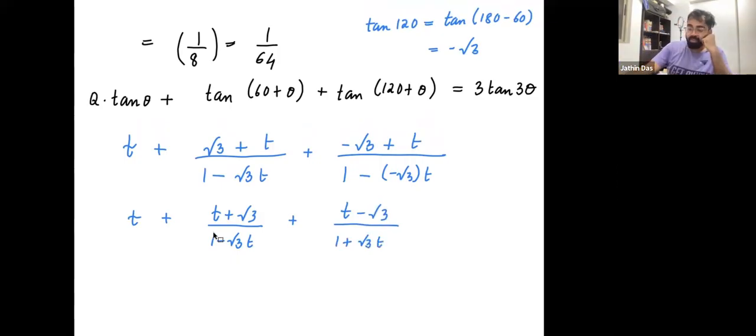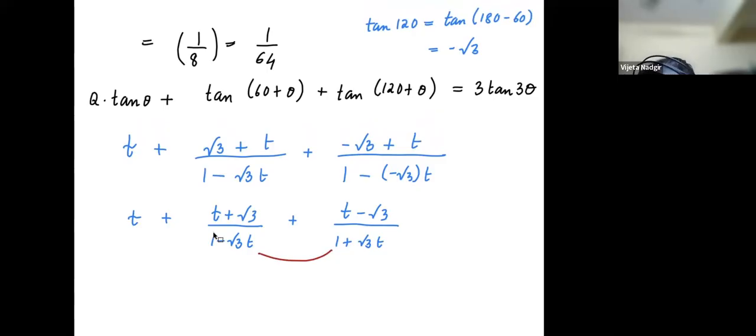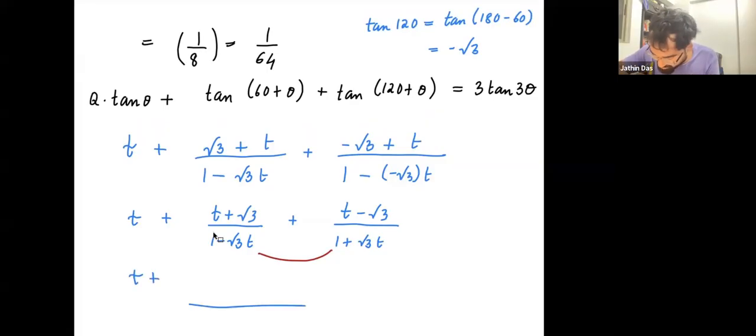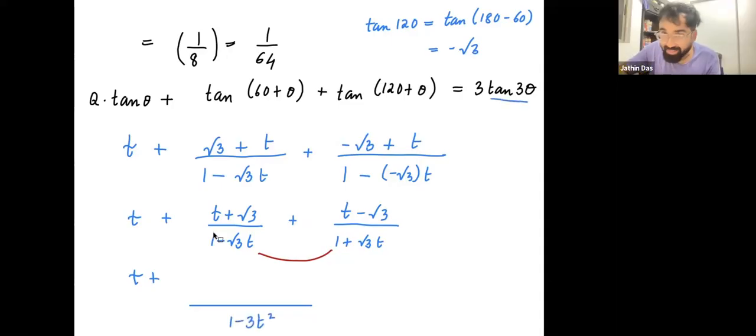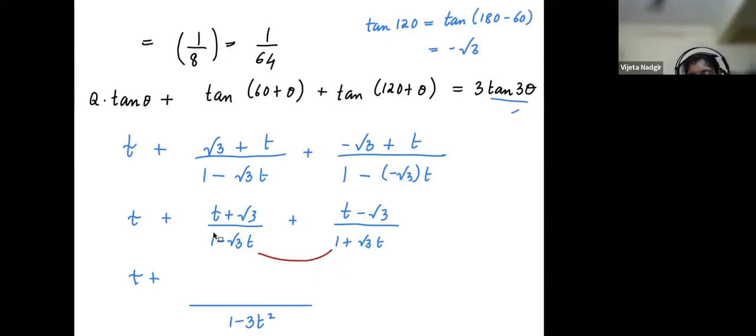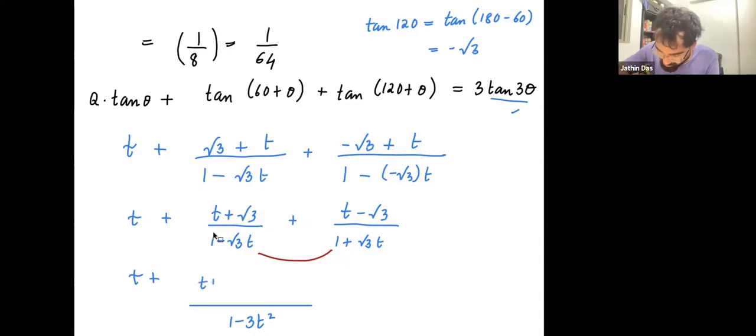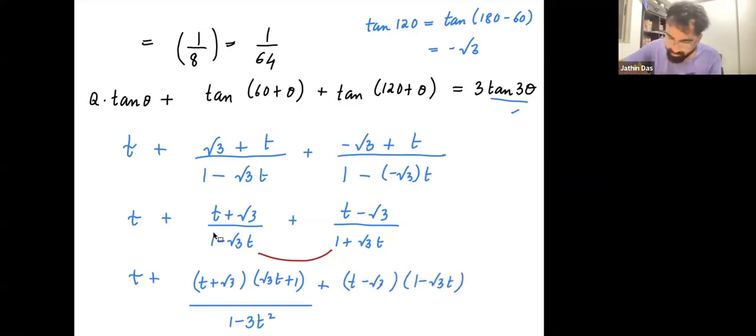Now you take the LCM. I would say this LCM is easier first. So t you keep on the side. What is the LCM of this? A plus b into a minus b, 1 minus 3t square. So this into this it will be: t plus root 3 into 1 plus root 3t, plus t minus root 3 into 1 minus root 3t.